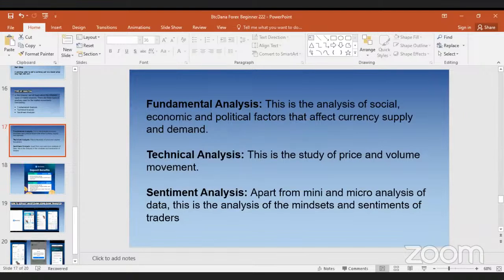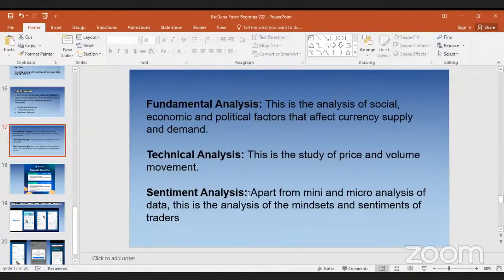You don't want to be too sentimental about a particular pair or a particular currency. Maybe because you don't like Canada so much. I like Canada, personally. Maybe you don't like Canada so much, then you feel like, no, this Canadian dollar is going to go down. It's a sentiment, and that is what we call sentiment analysis.